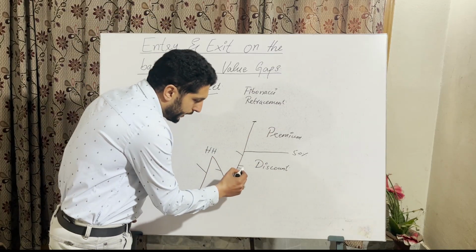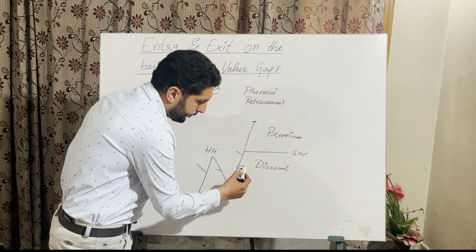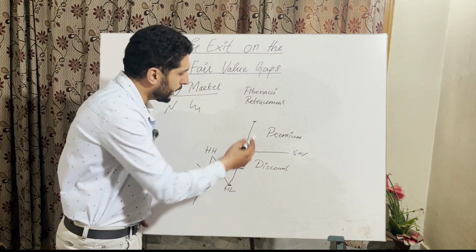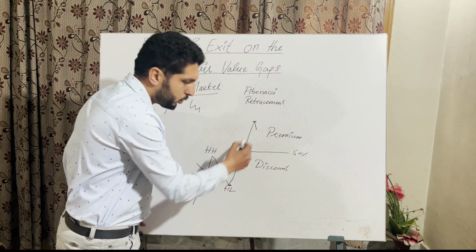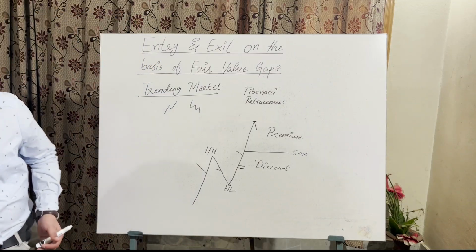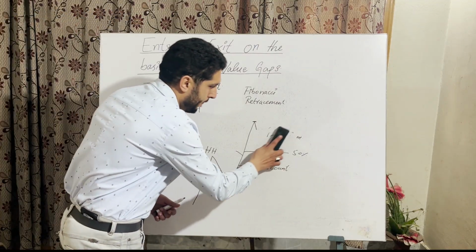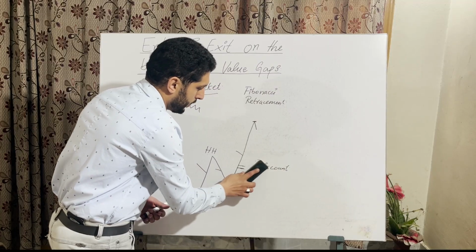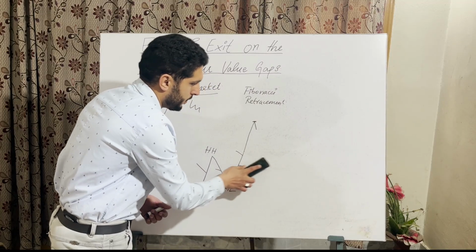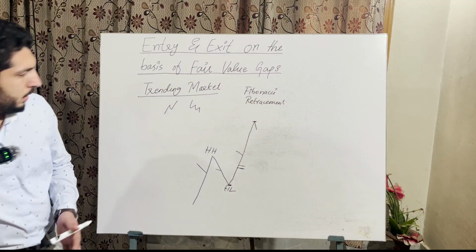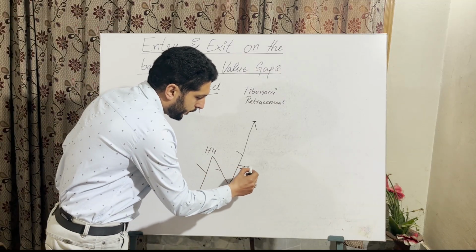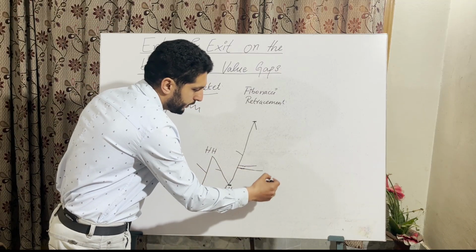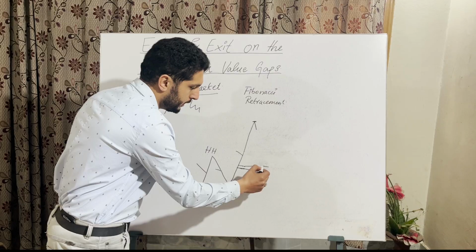So if here is a fair value gap, or an FVG, and the market retraces back to it, let's say here is a fair value gap, it is in the discount area, keep it in mind.